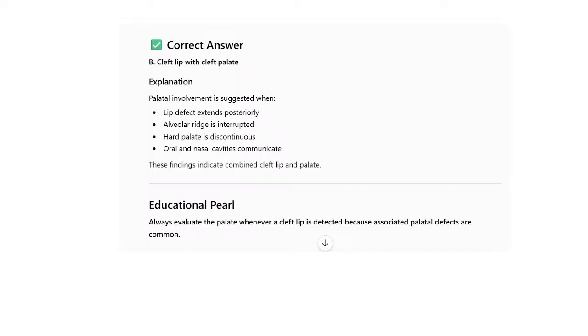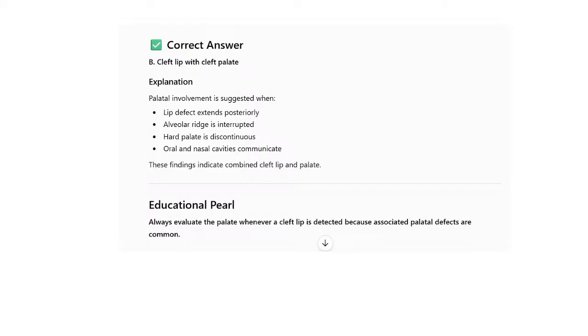The explanation: palatal involvement is suggested when the lip defect extends posteriorly, the alveolar ridge is interrupted, the hard palate is discontinuous, and the oral and nasal cavities communicate.